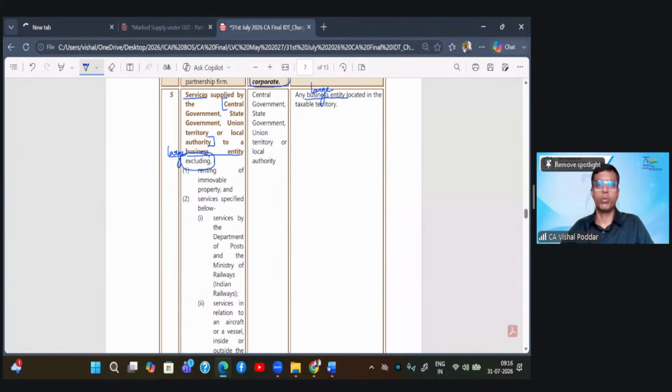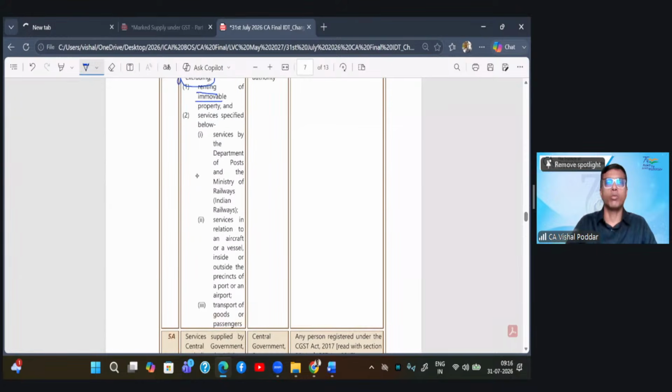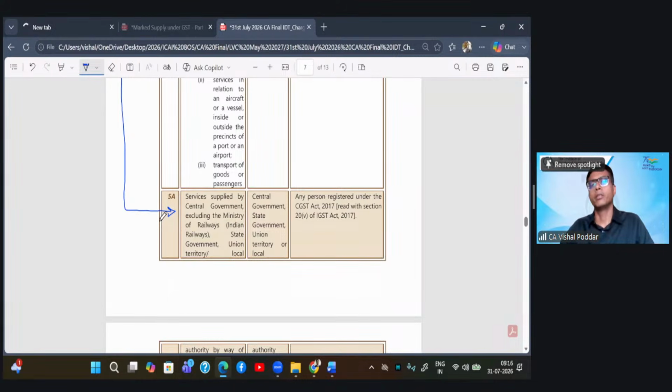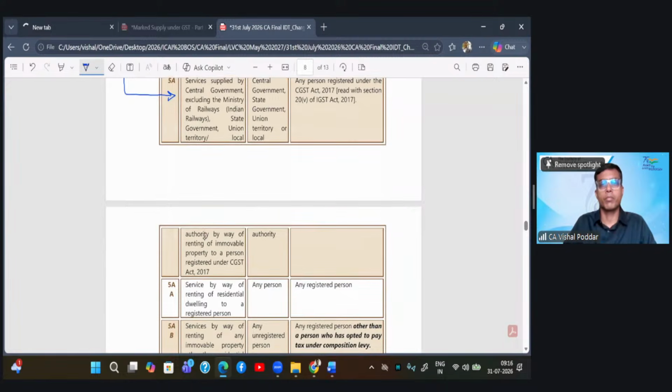Now, here they have excluded some services from this list. Now, why they have excluded, you need to understand. This service which they have excluded is because that is covered specially below. So as you can see, the renting service given by the government is specifically covered below, right?